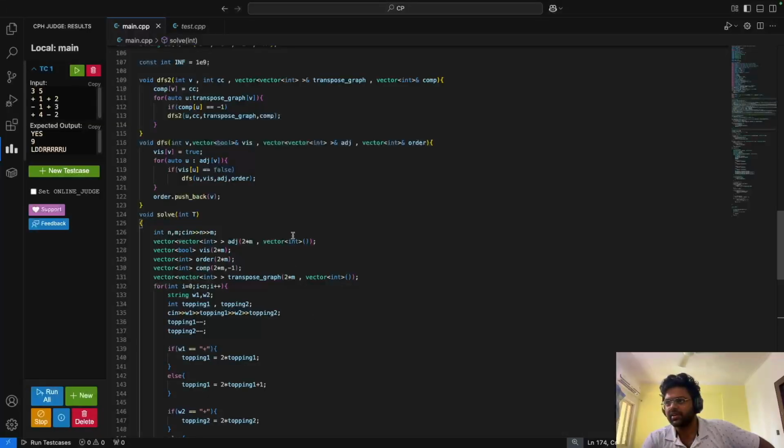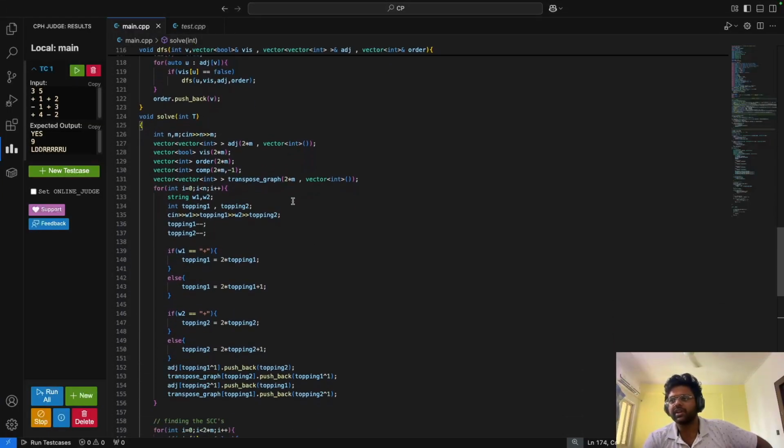So let me give you the understanding of the code. We have taken N, the number of family members, and M, the number of toppings, and we have defined the adjacency list for twice the number of states because we are using a double encoding. We have taken string input of toppings and reduced it to zero-based indexing, and then for a positive literal we are using twice I, and for negative it's twice I plus 1.